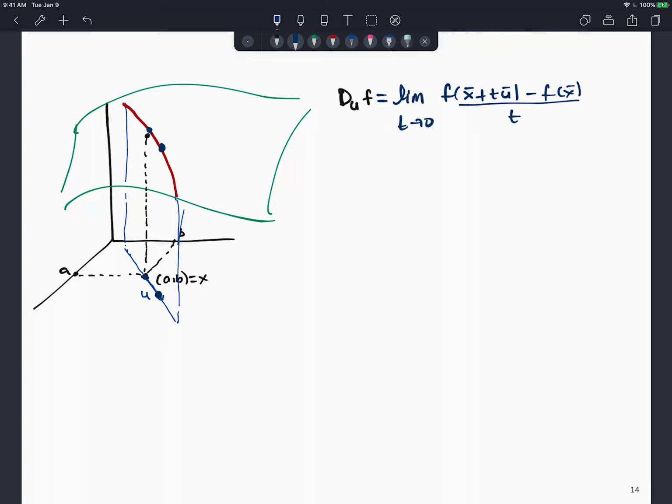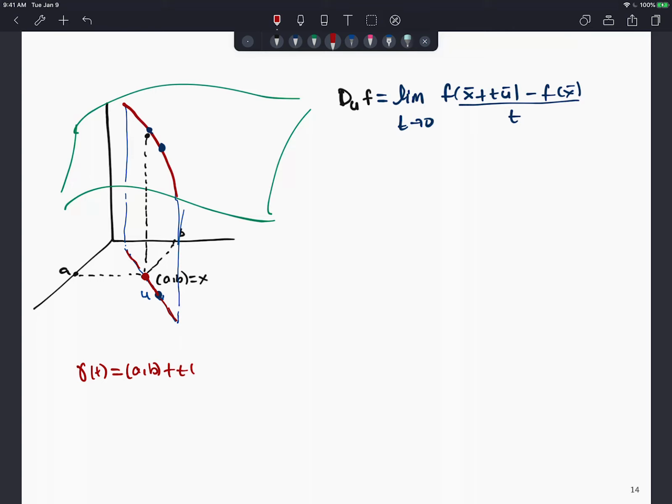Now I'm going to treat this a little bit differently. I'm going to think of a curve gamma of t, which is really the line that goes through the point x in the direction of u. So I want this to be this line. Gamma of t is nothing but the point (a, b) plus t times the vector u.